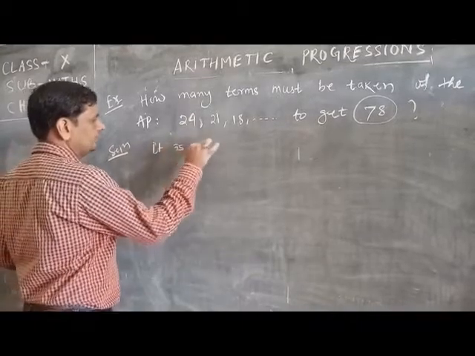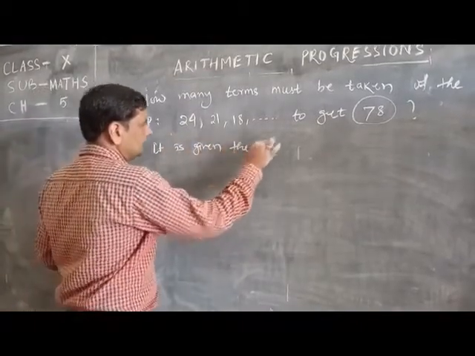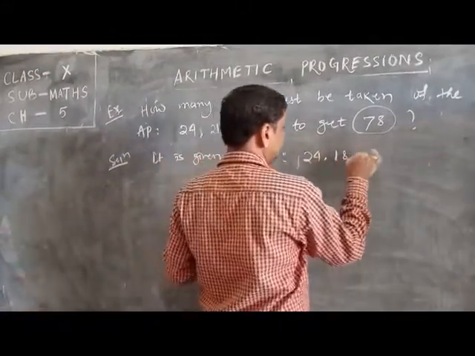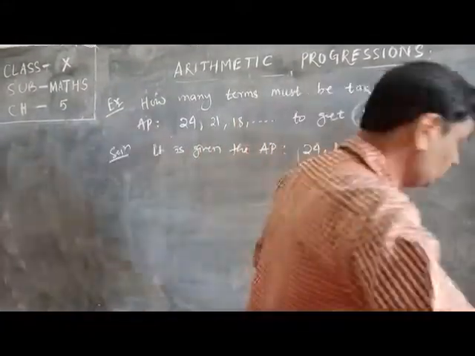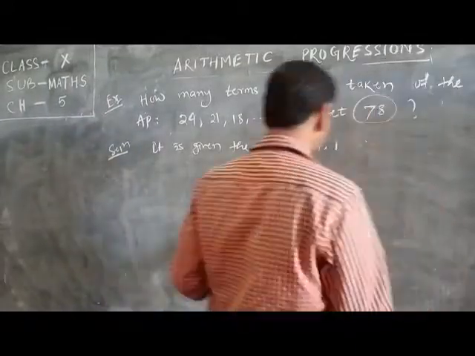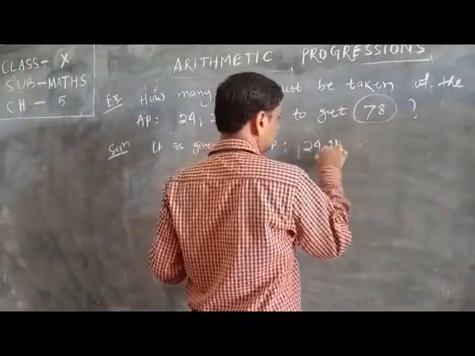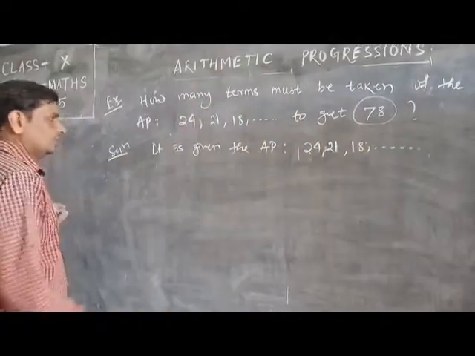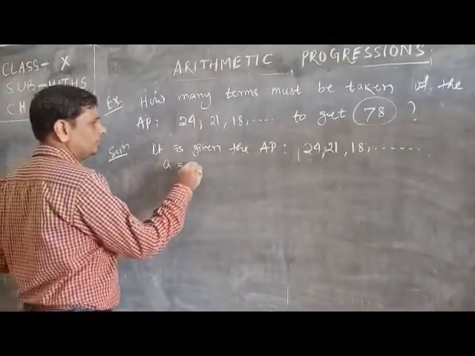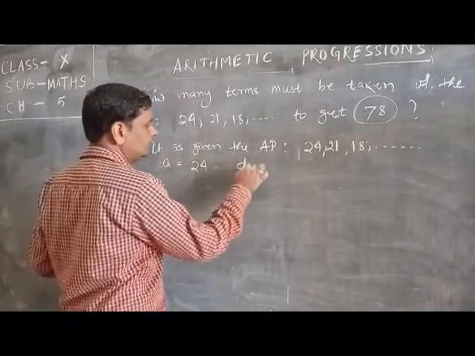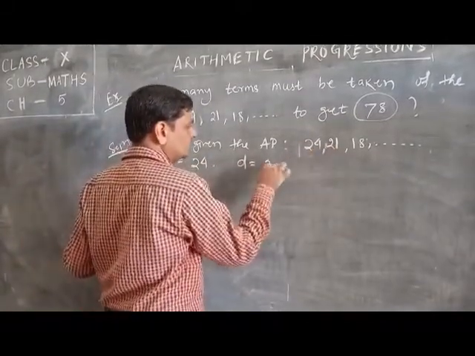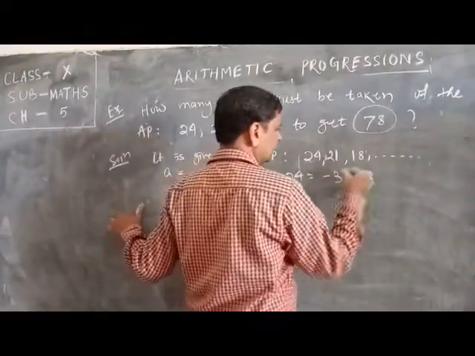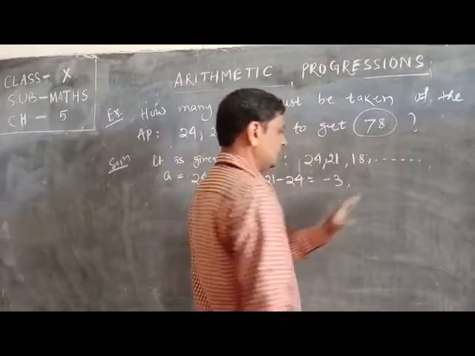It is given the AP as 24, 21, 18, in which the value of a is 24 and the value of d is 21 minus 24, that is minus 3. 18 minus 21 is also minus 3.